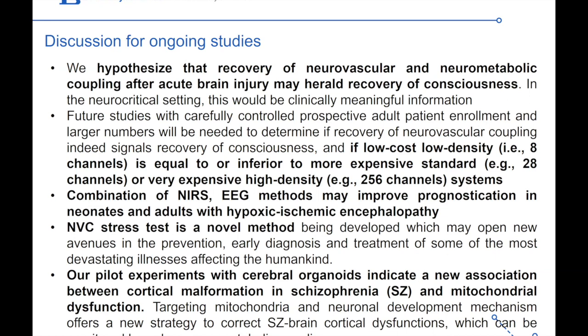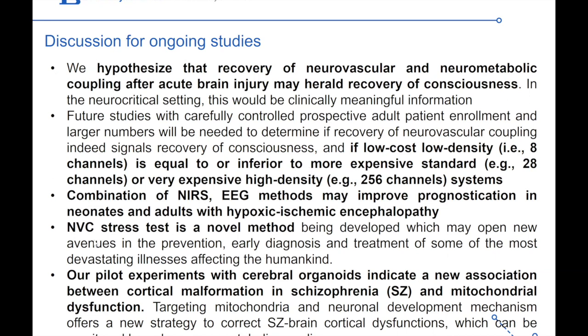We have, of course, a very low cost, low density hardware that we are using, but we also have to establish if this is equal or inferior to more expensive hardware being used, like 28 channel or 256 channel systems. And this is the goal for all our ongoing studies.